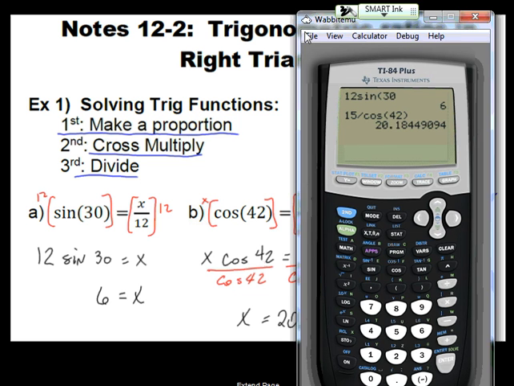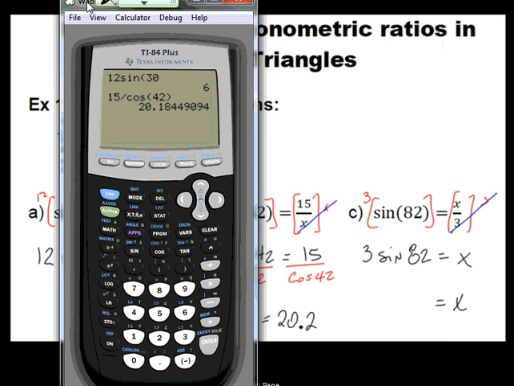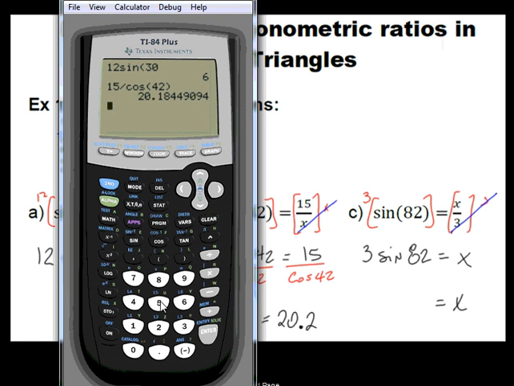I do 3 sine 82, press enter, and here I have 3.0. I put 3.0 to let people know that I rounded that to 3. It was not 3 exactly, with the value being 2.97.